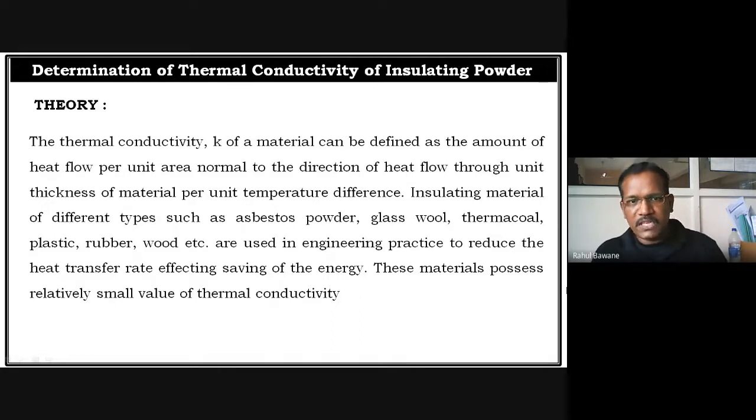We use all these materials as thermal insulators because they have the lowest value of thermal conductivity, due to which the heat transfer rate is minimized. So the temperature reached on the second side is lesser, and we can use them as a thermal insulator.